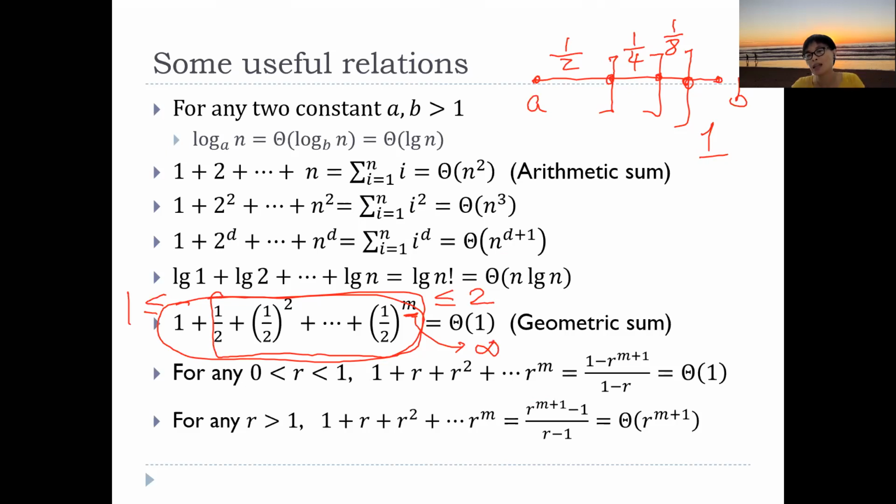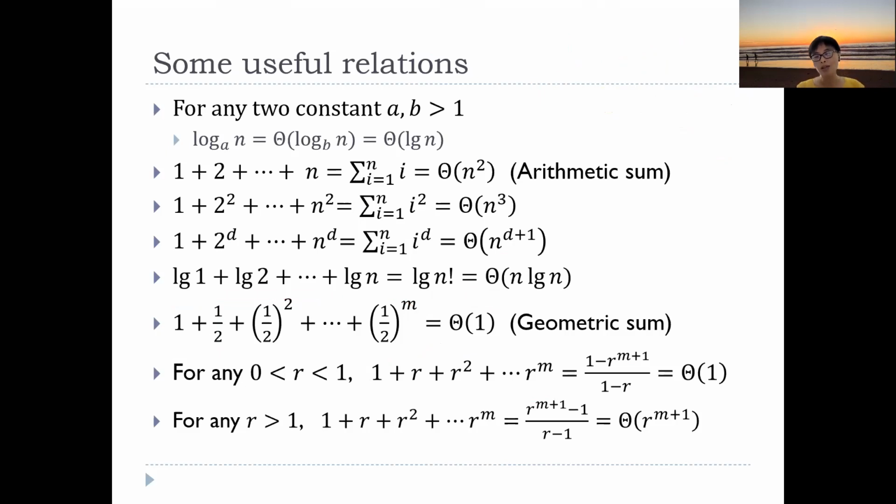So even though you're adding infinite terms, the whole thing is never more than a constant. All right. Questions? Right now this looks a bit dry, but when we later do the analysis, we'll see that this series comes out naturally.